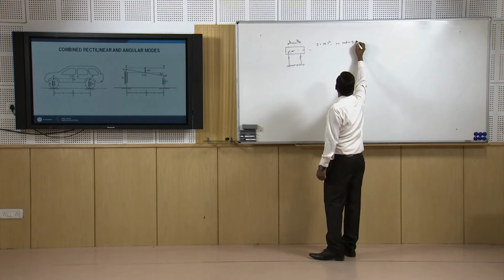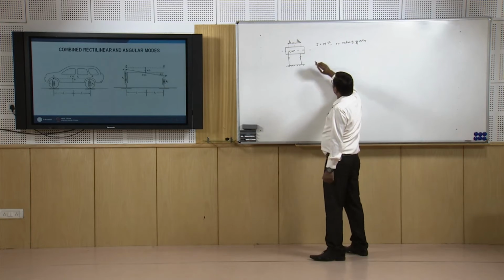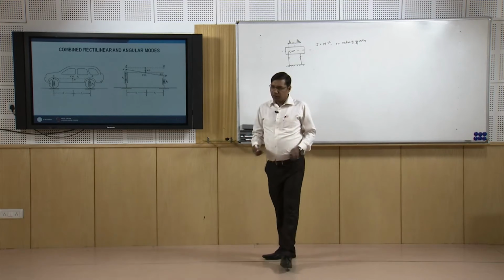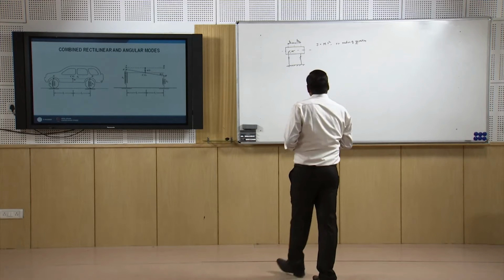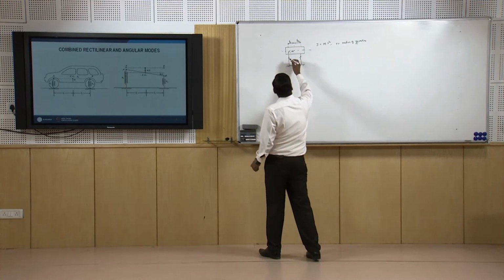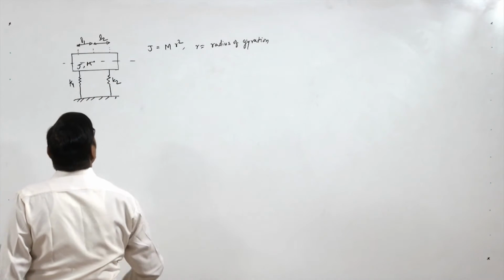So, this J is the moment of inertia about the center of mass. This is L1, L2, and these springs have the stiffness K1, K2.